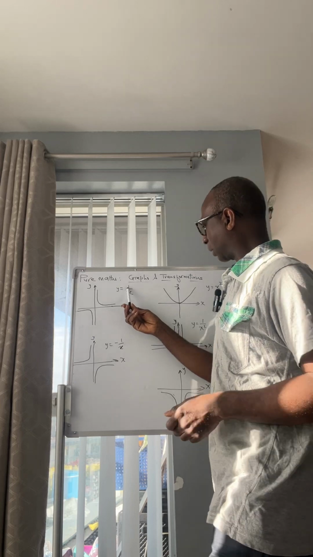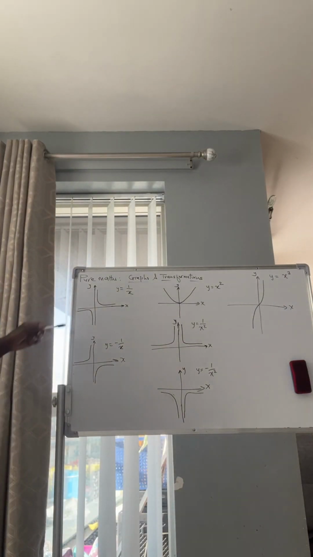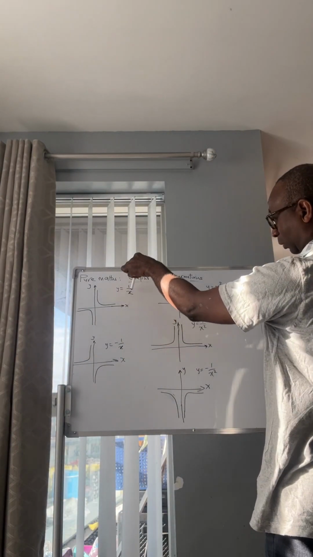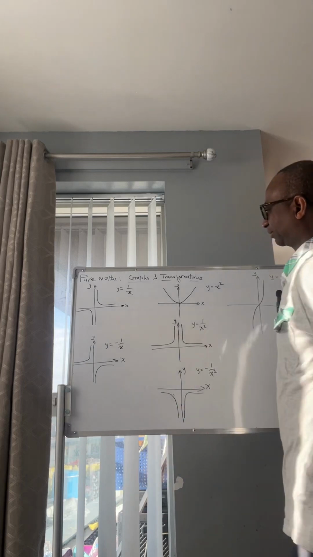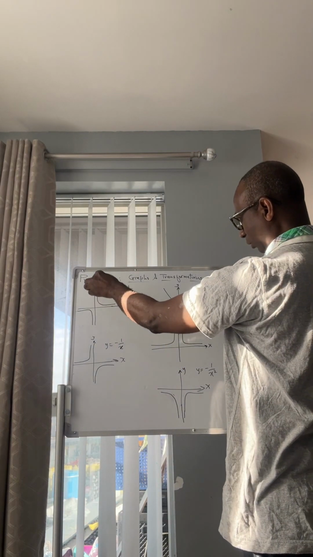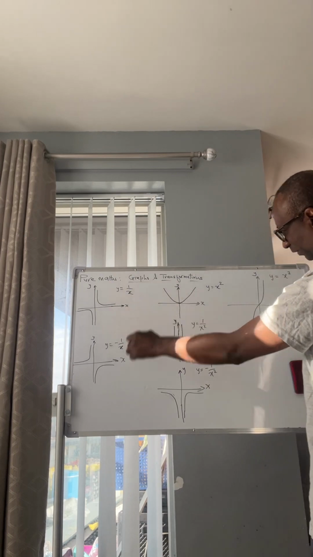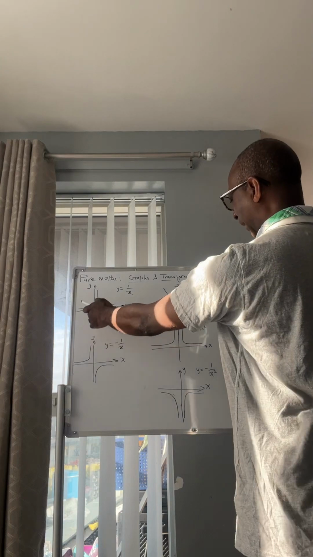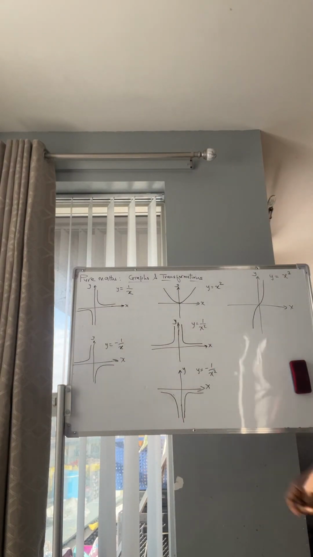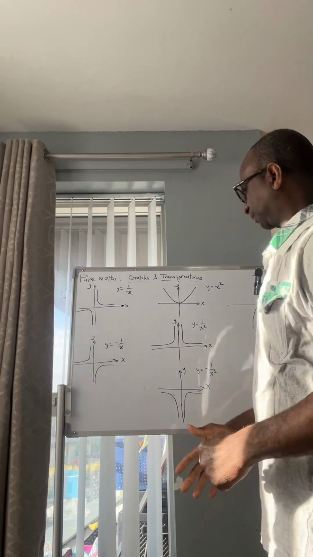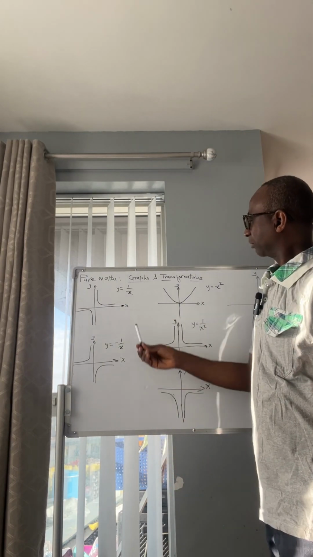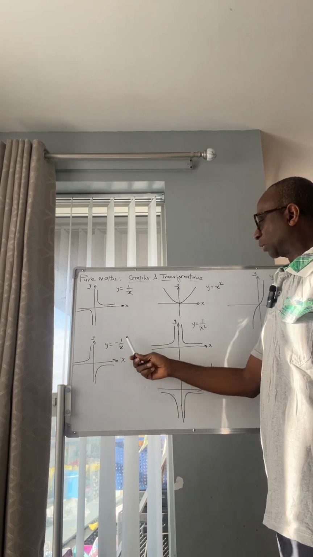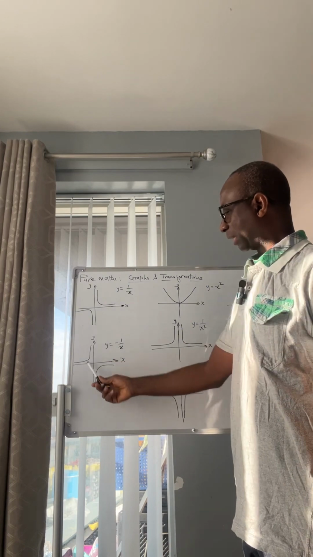If y equals 1 over x, the graph takes this form. It approaches infinity on the y-axis and on the x-axis, on the positive side as well as on the negative side of both axes. If y equals 1 minus 1 over x, this is how the graph will look.